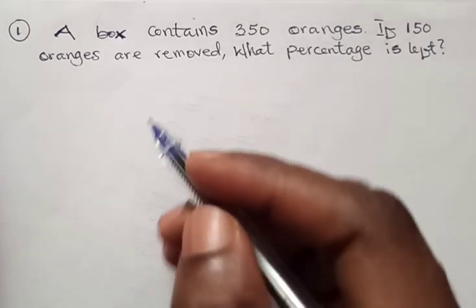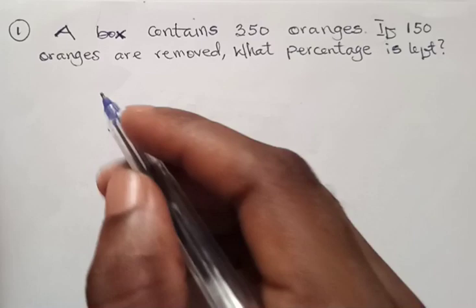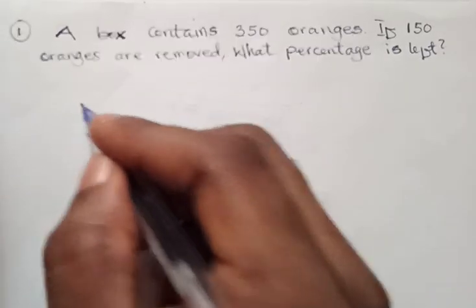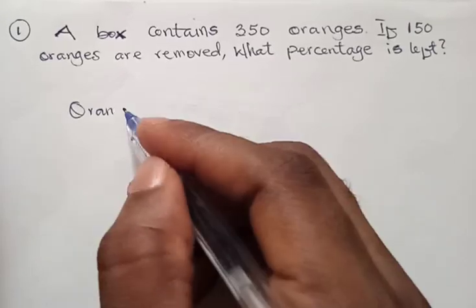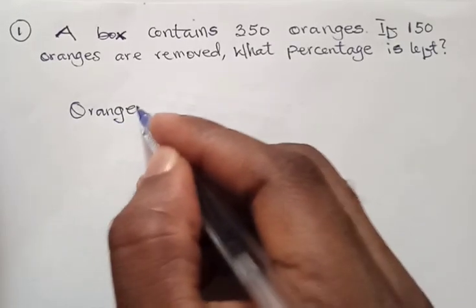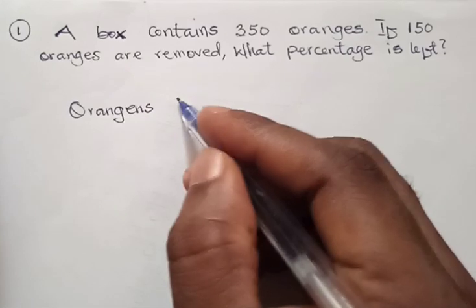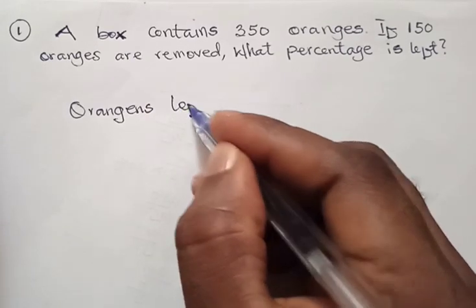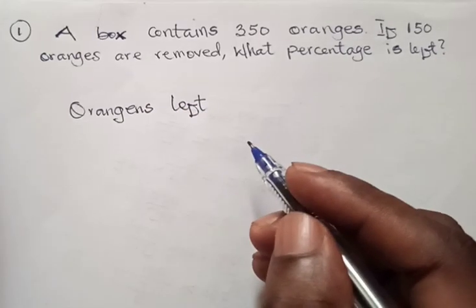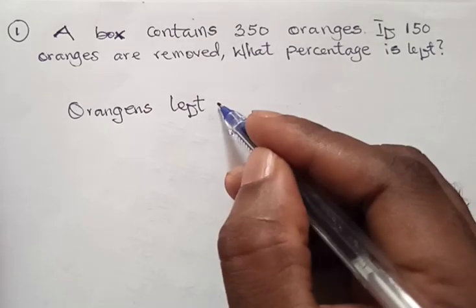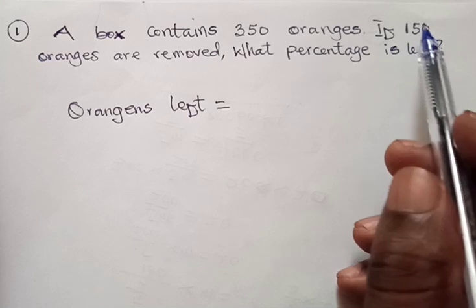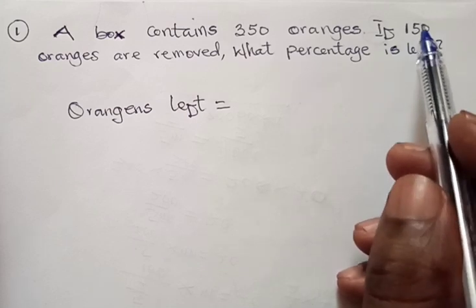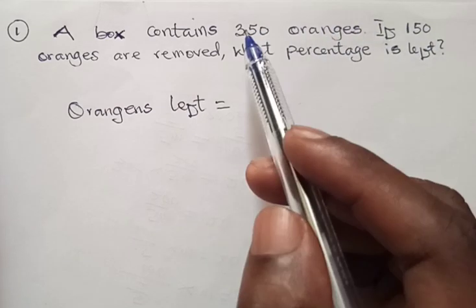Okay, good. So this one, all that we do is we find oranges left. So oranges left should be equal to what? We subtract the number of oranges removed from what?